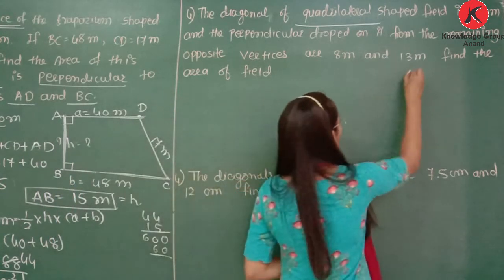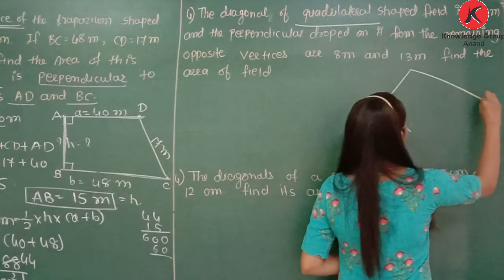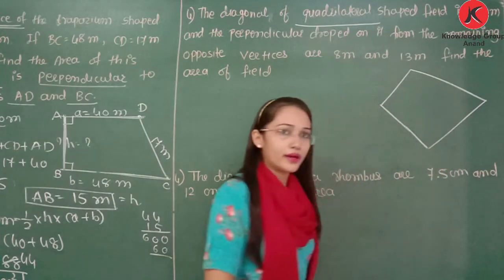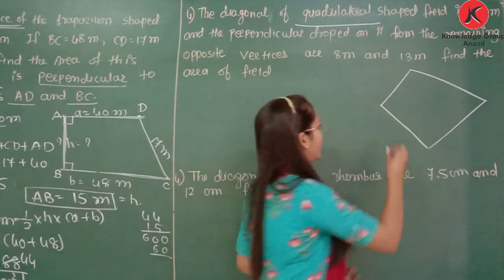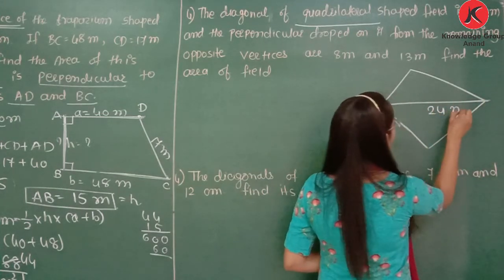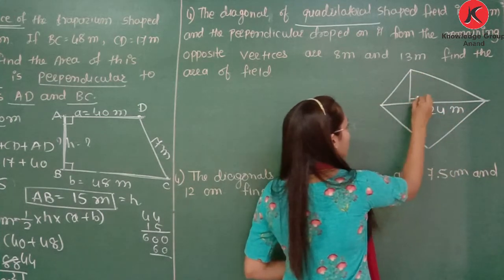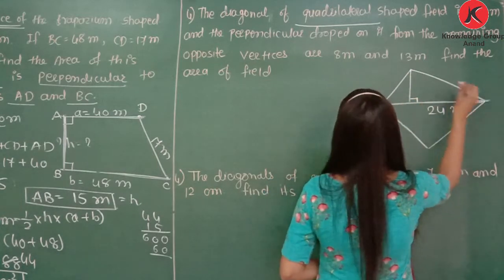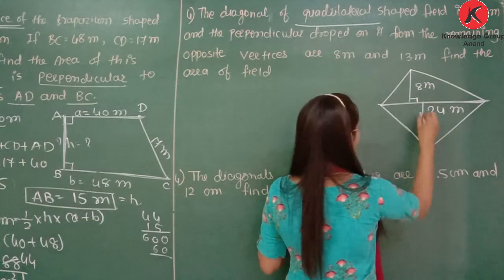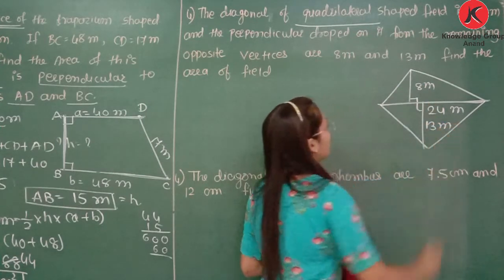So there is one diagonal and there are perpendiculars dropped on the diagonal. So if we draw a figure for this, let's consider this is a quadrilateral, which is not a regular quadrilateral. So here this will be the diagonal. Let's say this is 24 meter. Here the perpendiculars dropped on this diagonal are 8 meter and this one will be 13 meter.